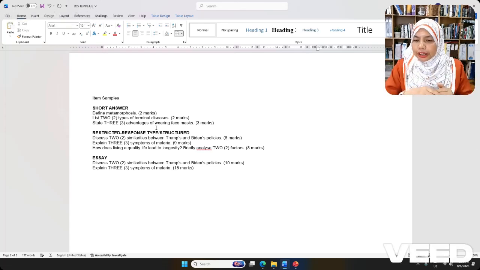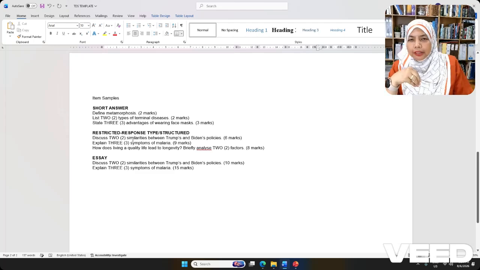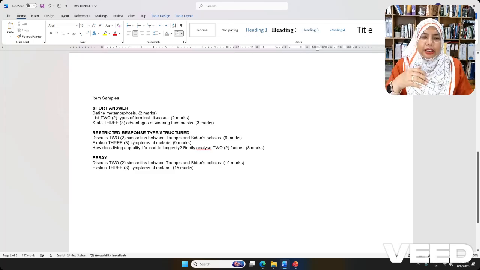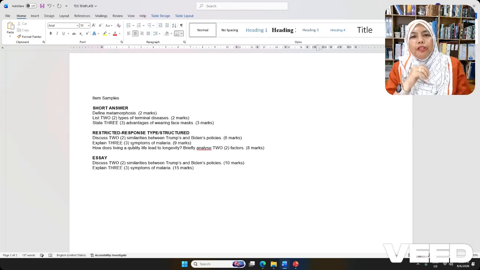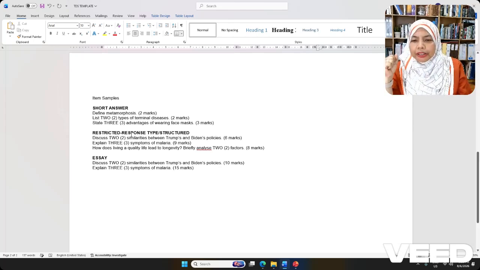So they are called restricted response type to differentiate this item from the extended essay type, which is essay. Okay, so if you do have a HOTS item, for example, analyze the differences between this and this, compare and contrast this and this in relation to something, that would be the kind of item under restricted response type. Susah nak sebut kan? So I'm just going to call this item RRT or double RT.